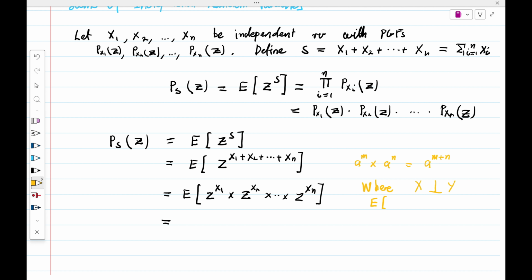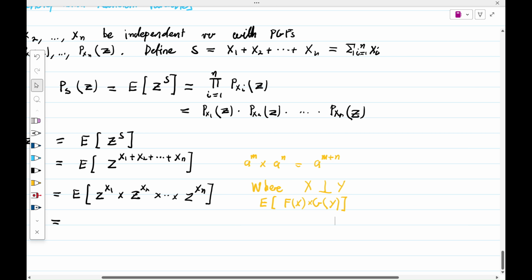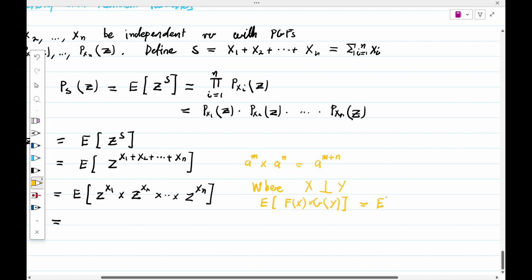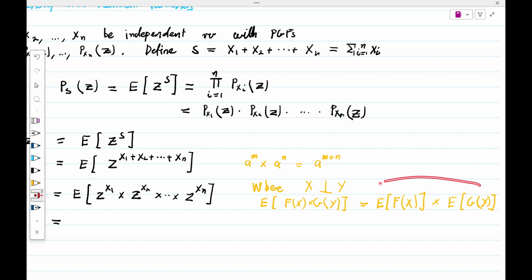The expected value of f of X times g of Y, where these are just some generic functions, is in fact equal to the expected value of f of X times the expected value of g of Y. And this is an important property.